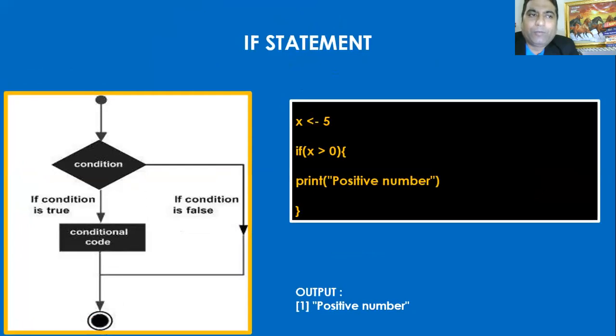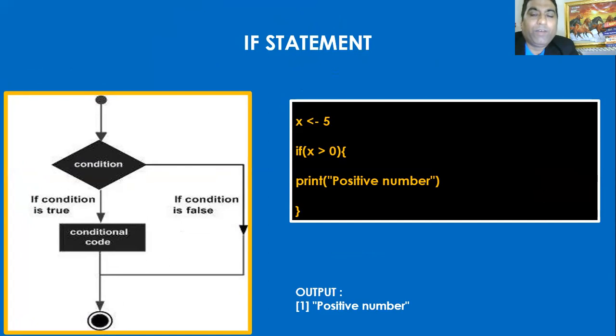I'll take some examples. This is the if statement and this is the flowchart. The flowchart says if has one condition. If this condition is fulfilled, then do this task. For example, if I get up early morning, 8 a.m., then I'll start for the office.